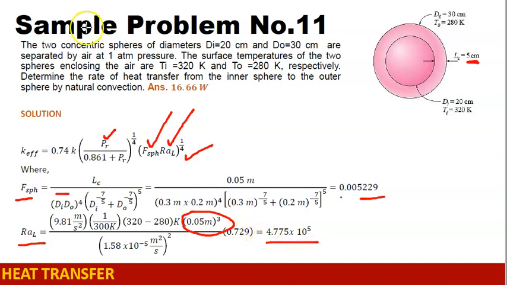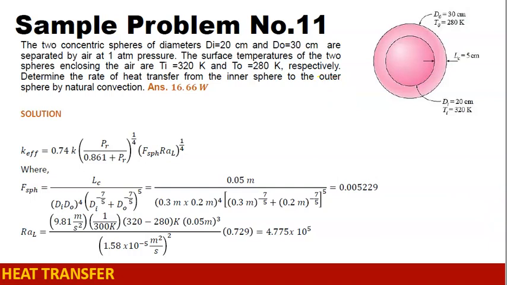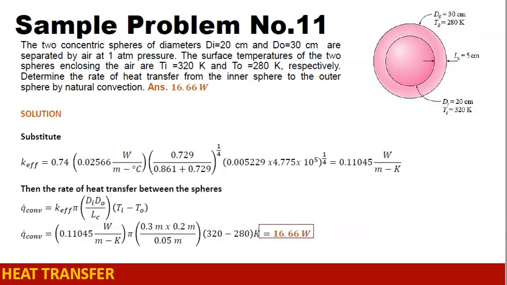We substitute these values into our effective thermal conductivity for this sphere, so we have 0.11045. Finally, we can solve for the convection heat transfer rate between the spheres, substituting all the values into our original equation for the heat transfer rate. So 16.66 watts.